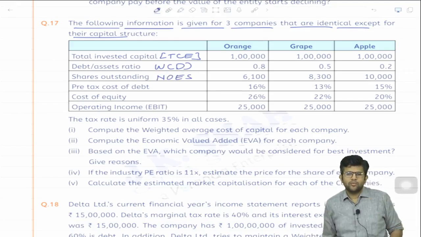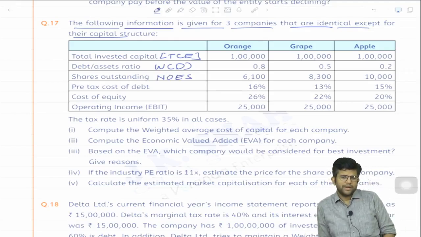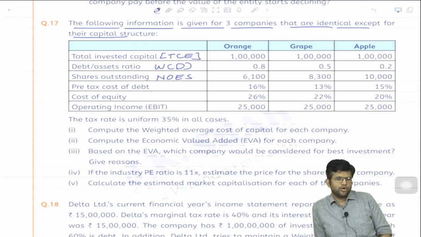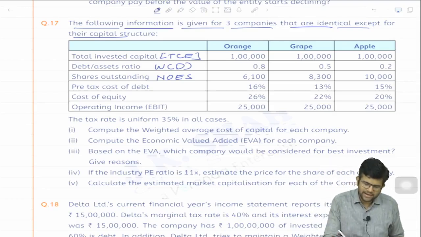What do you think they mean by pre-tax cost of debt? Pre-tax cost of debt is interest rate or KD? Put on chat box. Yes, it is the interest rate.